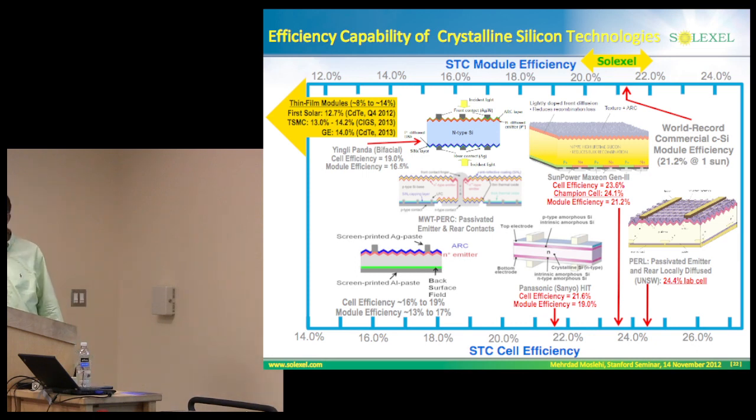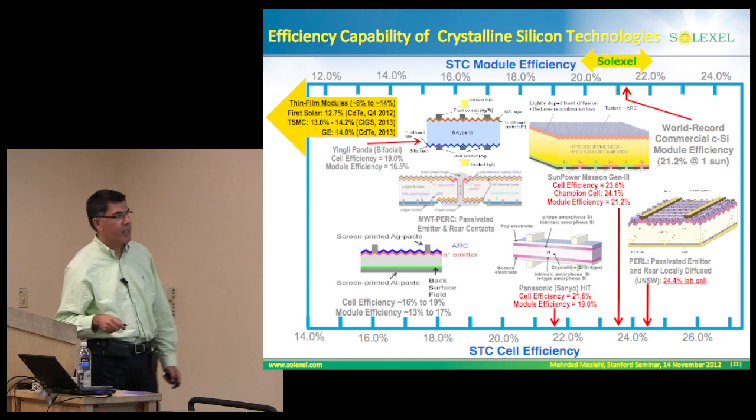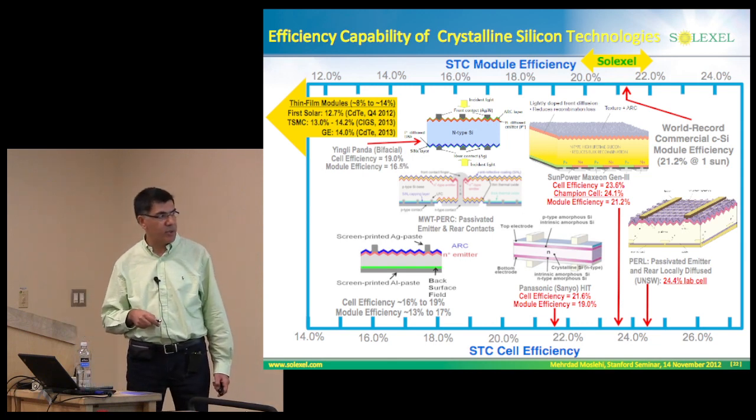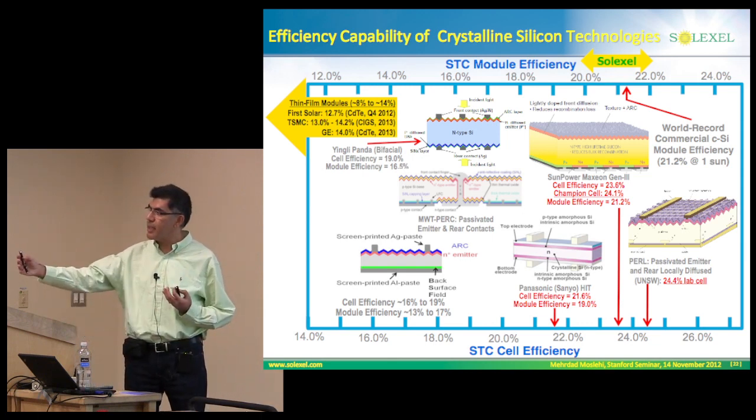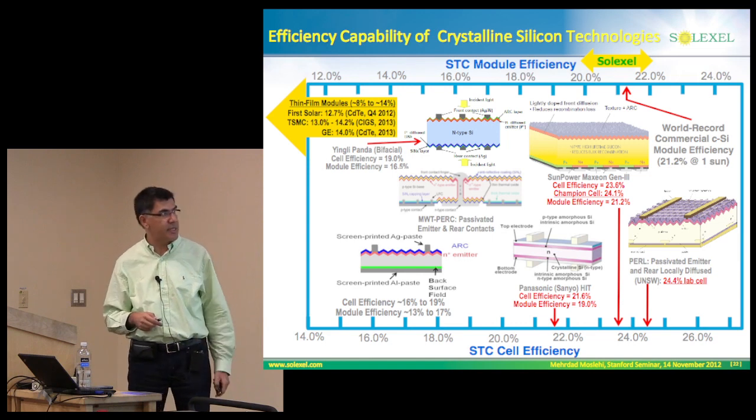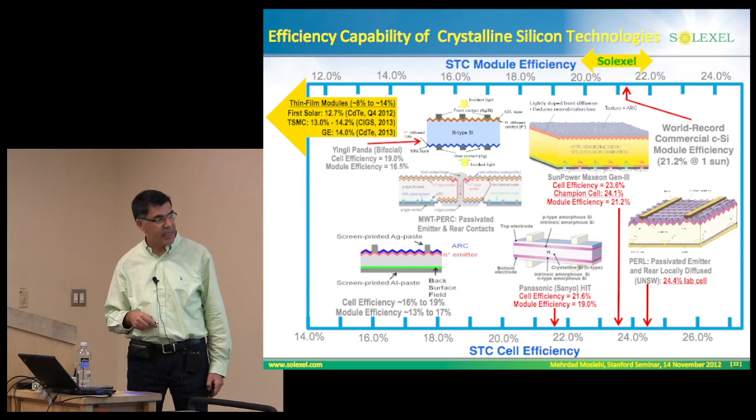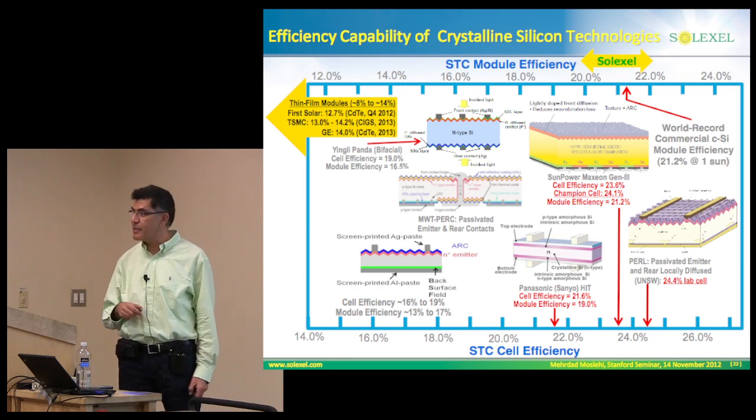This is mainstream crystalline silicon. As I described earlier, module efficiencies are in the range of 13 to 17%. And in this case, the higher efficiencies more and more rely on selective emitter, and again, leading technologies with dielectric passivation.